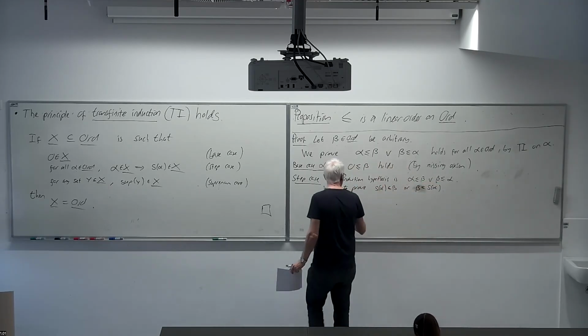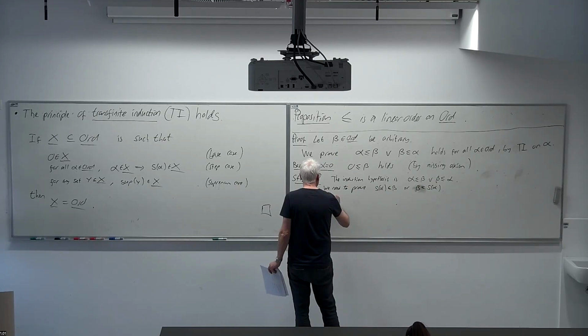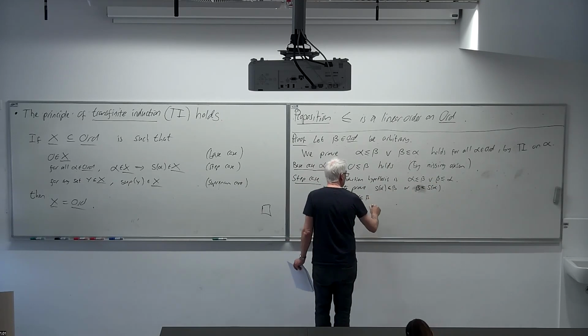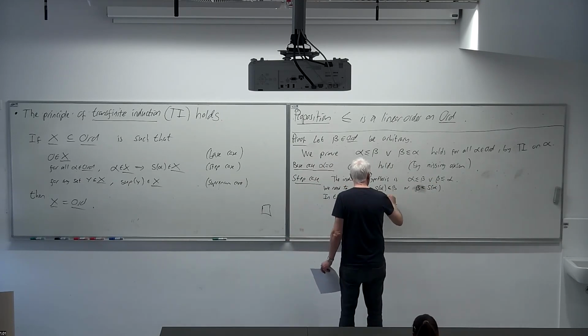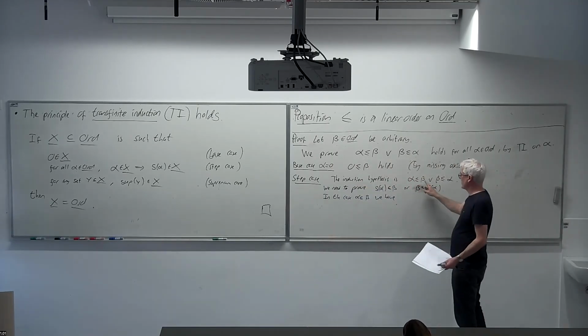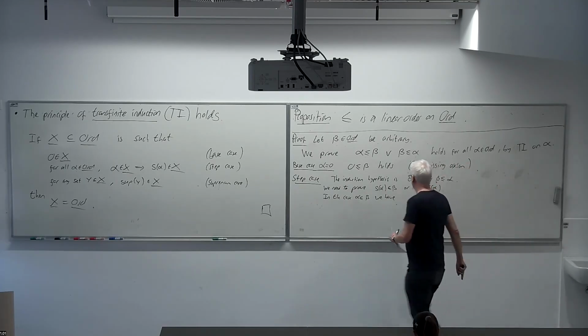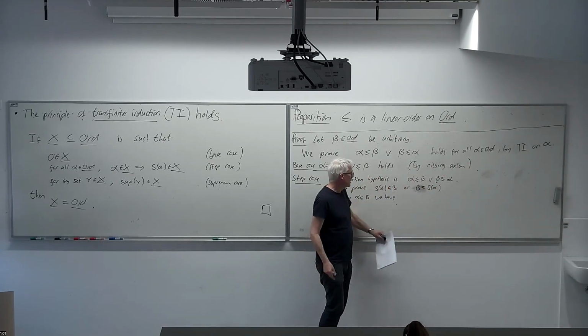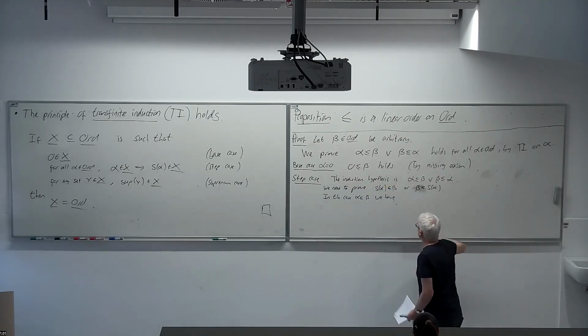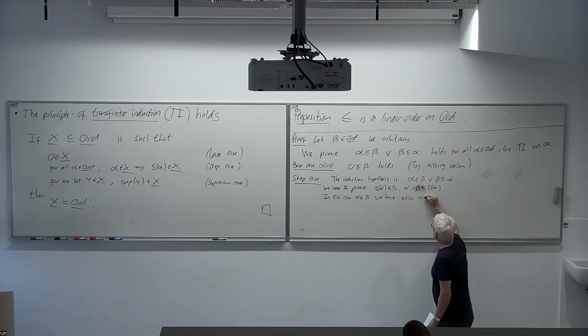So in the case that alpha is less than or equal to beta, then by the successor axiom, either alpha equals beta, or the successor of alpha is less than or equal to beta.